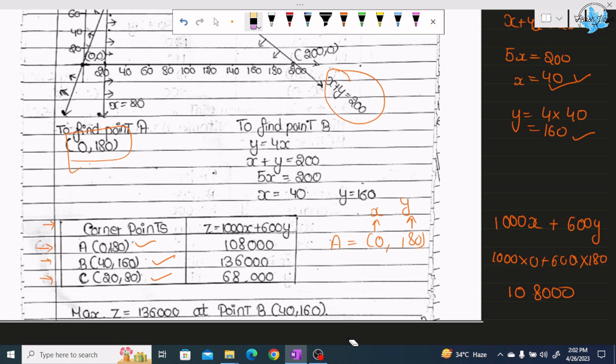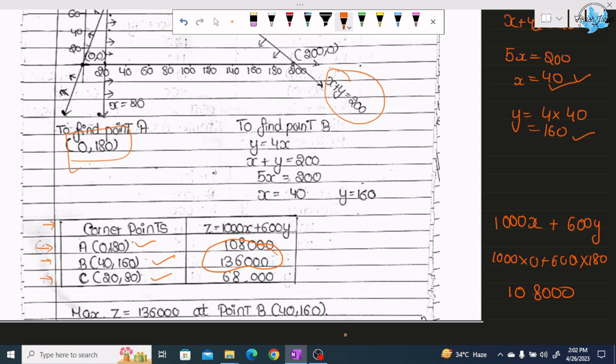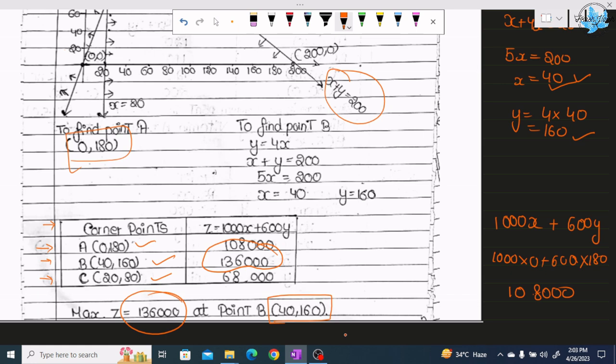Now the question is we have to maximize our function. So we have to see the maximum value. We can see from here that the maximum value we get is at the B point, that is the B coordinate, which is 1,36,000. So 1,36,000 is my profit at the B point, that is (40, 160).